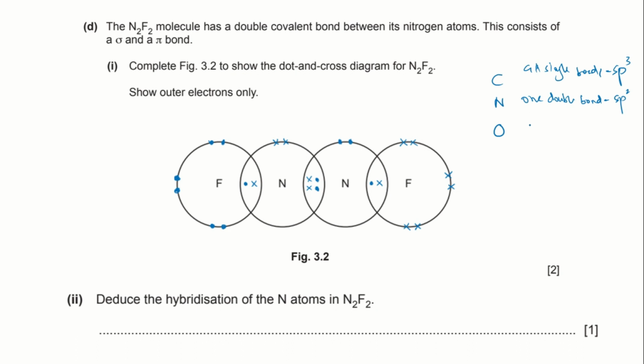If one triple bond, sp hybridization. So if you look at this compound, N2F2, nitrogen has a double bond here between the two nitrogen atoms. So every nitrogen has a double bond.